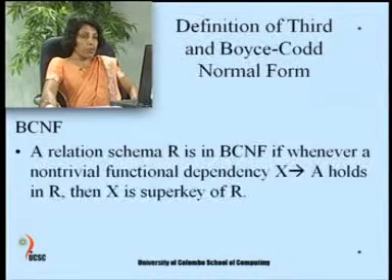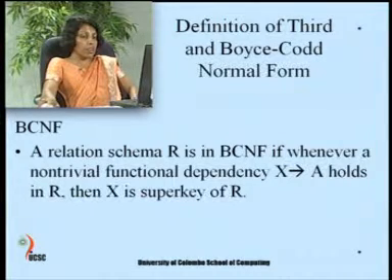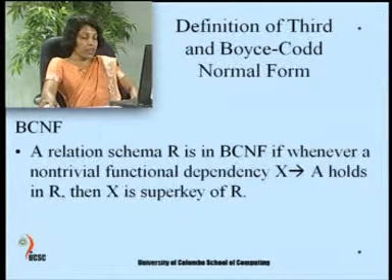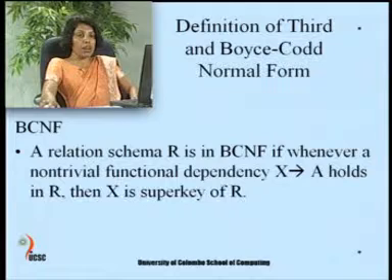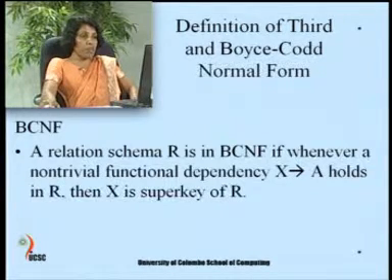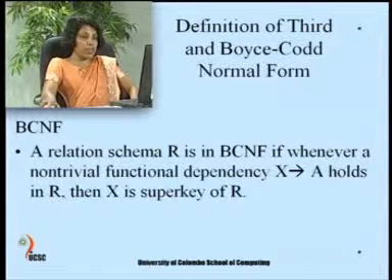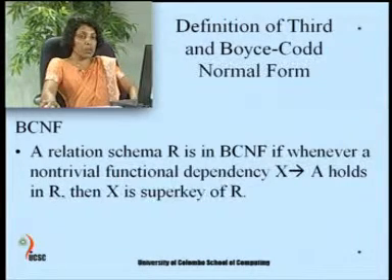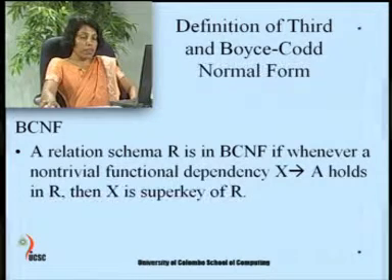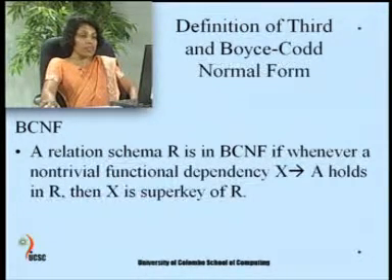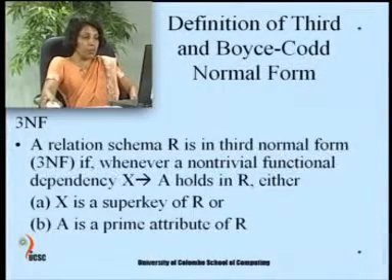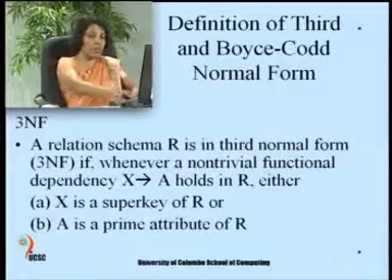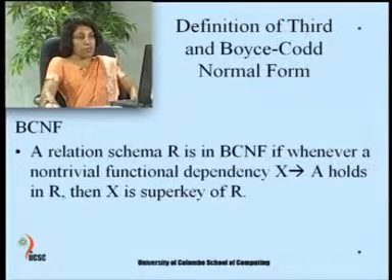Now, with respect to Boyce-Codd normal form, you can see that the second situation has been removed. That is, a relation schema R is in Boyce-Codd normal form if there exists a functional dependency between the two attributes X and A, then X should only be a superkey of the relation R, and the situation where A could be a prime attribute of R has been removed from Boyce-Codd normal form.